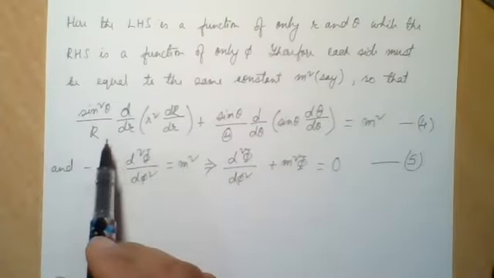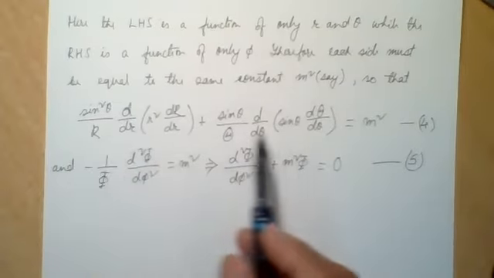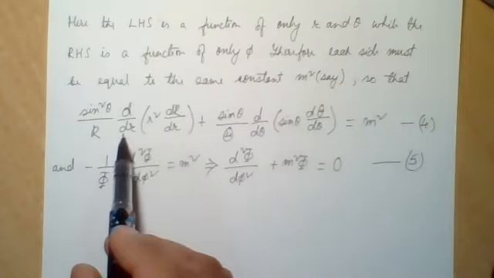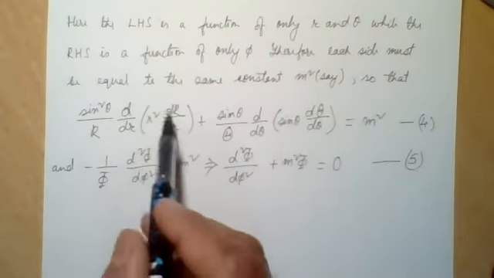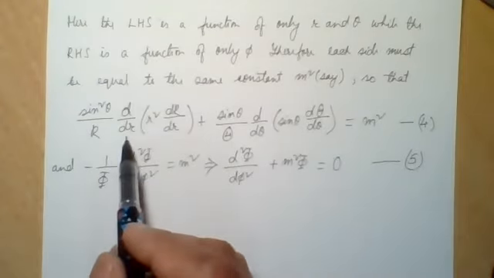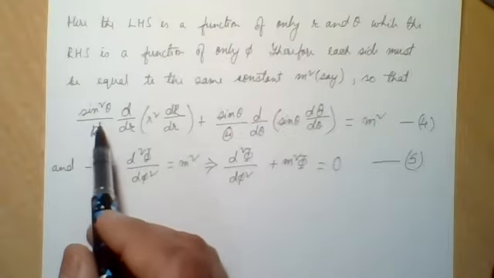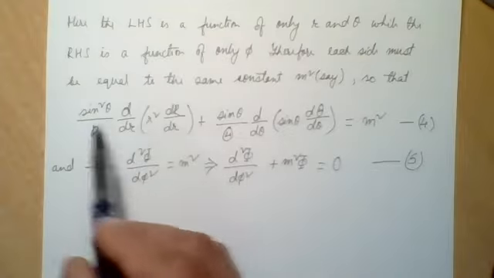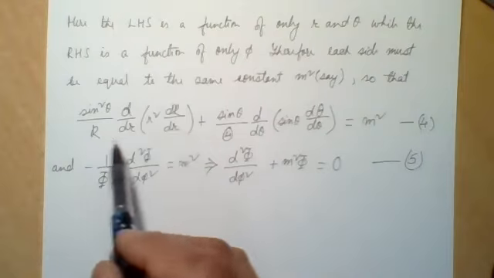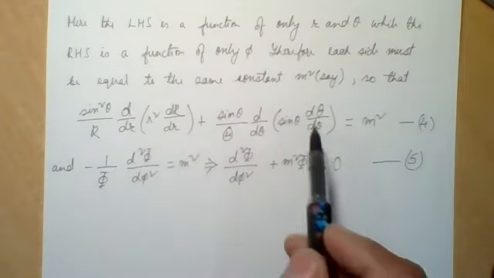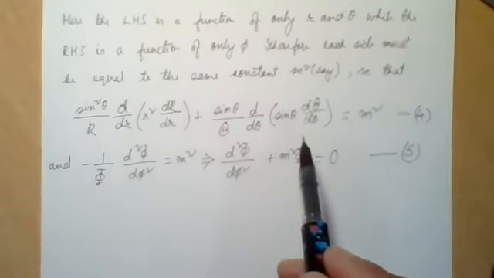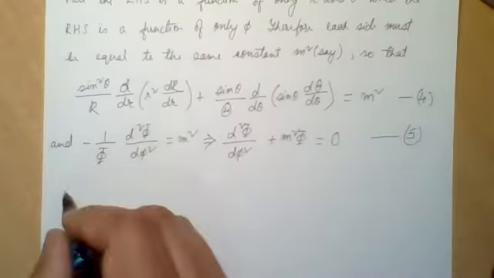In this expression, the first term has a factor sine square theta hanging around. So if we divide both sides by sine square theta, then this first term will depend only upon r, and the second term will depend only upon theta. So let us do that.